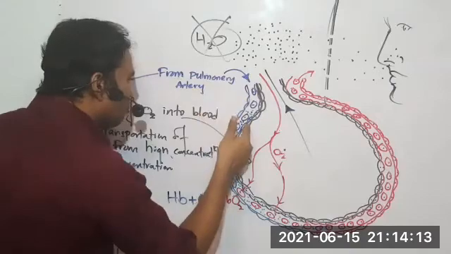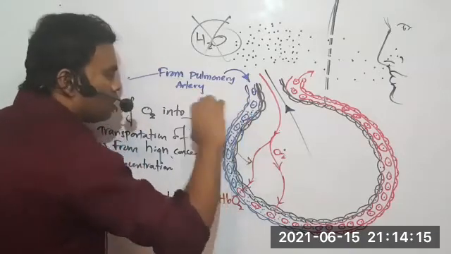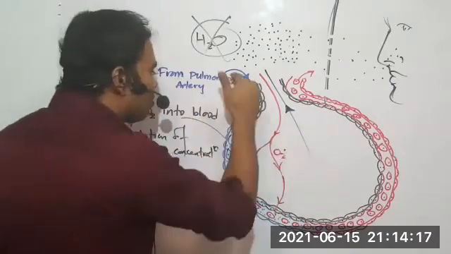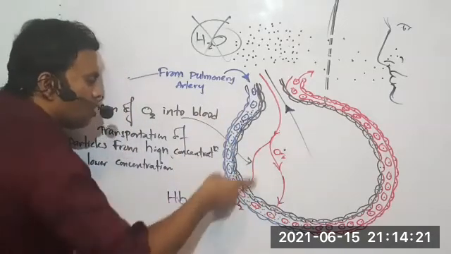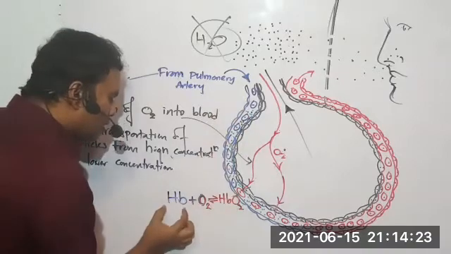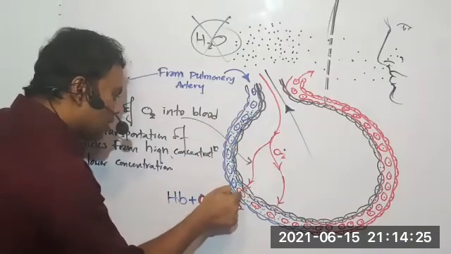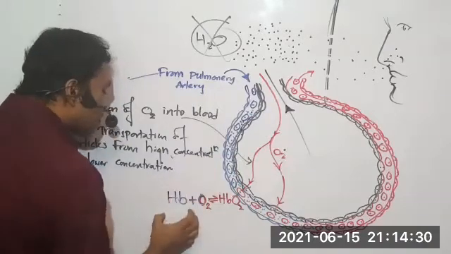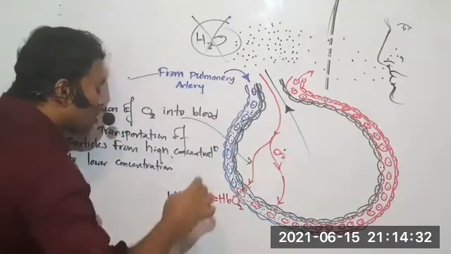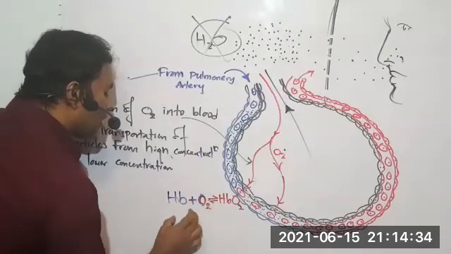So we give the priority to carbon dioxide. There's no other carrier to transport carbon dioxide through blood, because oxygen is transported by hemoglobin that exists in erythrocytes, a kind of globular protein that contains iron. Iron means heme, and globular protein means globin.